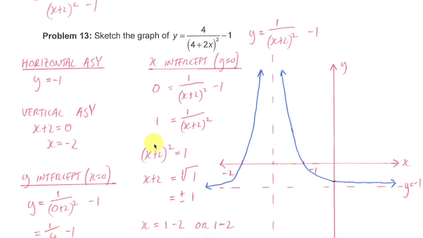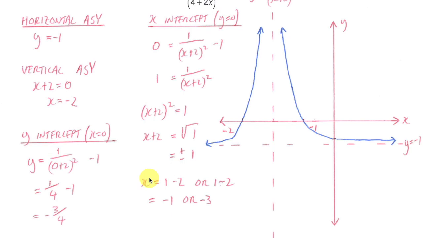Multiply both sides by (x plus 2) squared. Take the square root of both sides. And that gives me plus or minus 1. And then I subtract 2 from both sides to get -1 or -3. And that's shown. The y-intercept, just sub in x equaling 0 to produce -3/4. And then just draw in my shape.